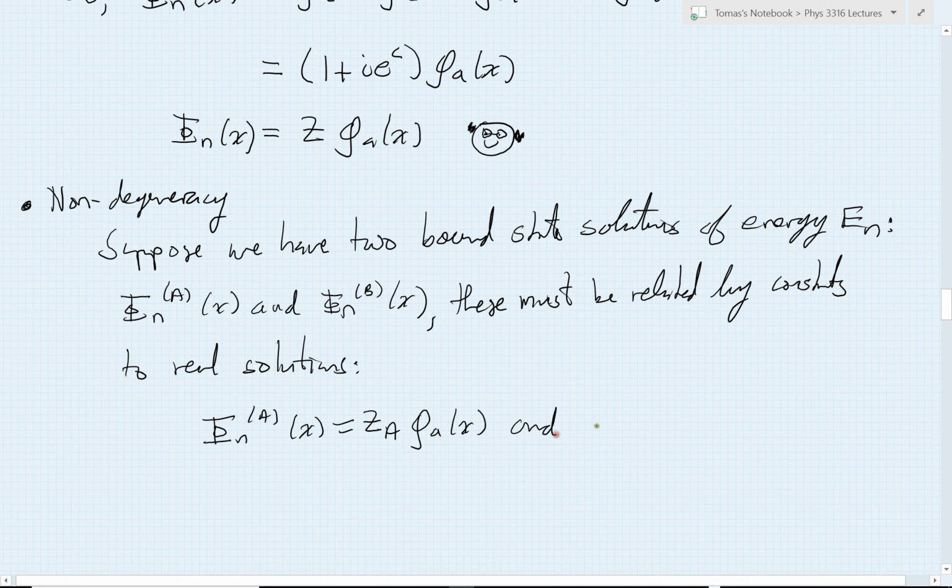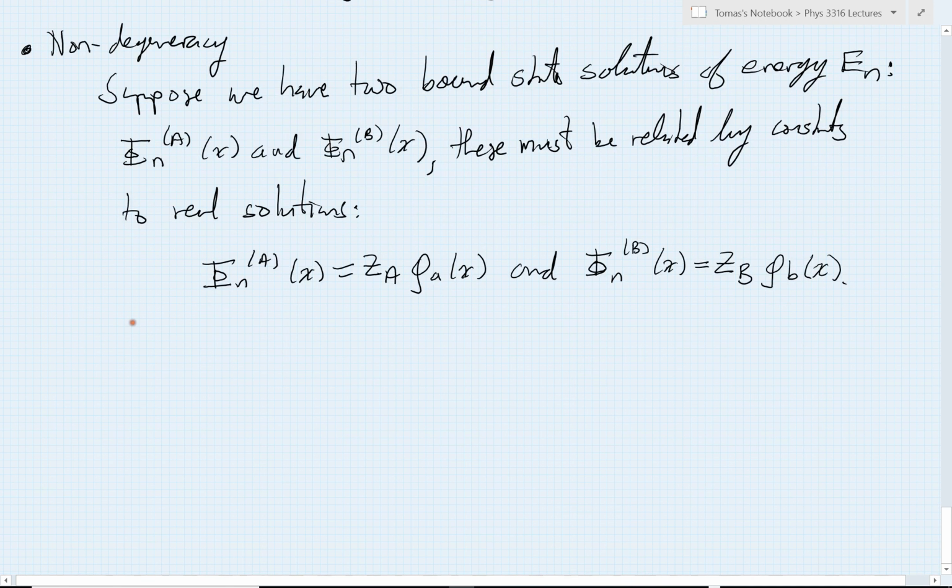And of course, the other solution, I can also, as we've just been saying, know that it would be related by a constant to some other, potentially other real solution. So my entire question then really boils down to how are phi A and phi B related? Are they necessarily related by a constant? So that's our question.